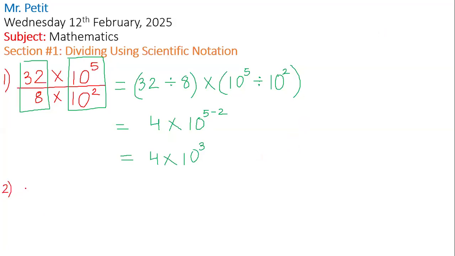For number 2, let's say I have 40 multiplied by 10 to the 6 all over 5 multiplied by 10 to the 2nd power.